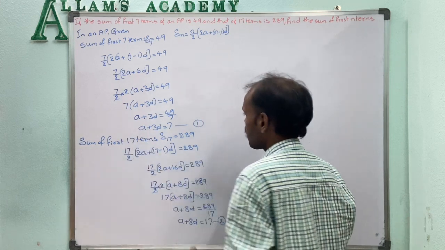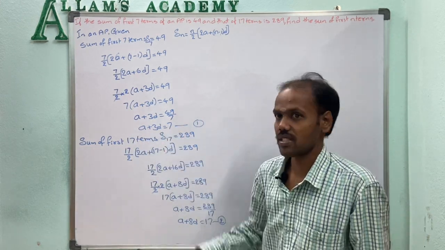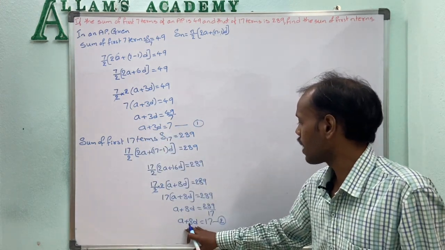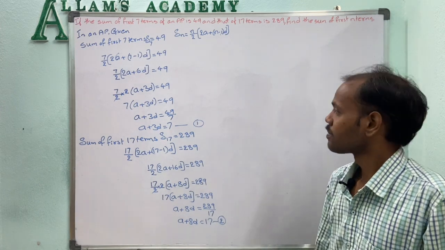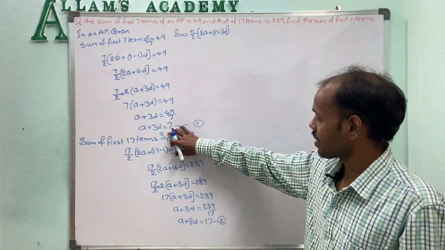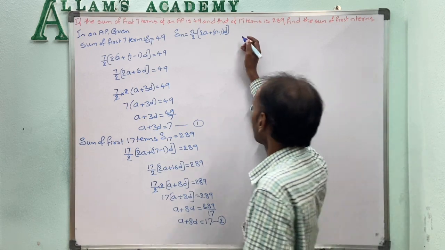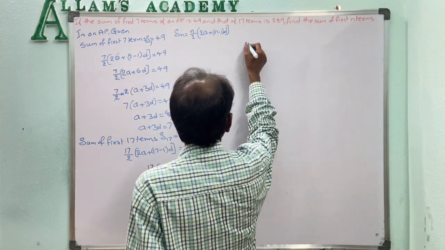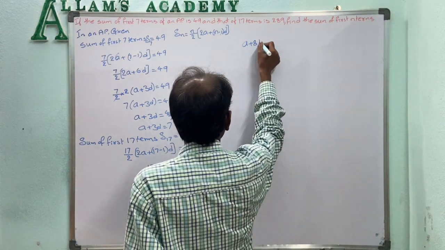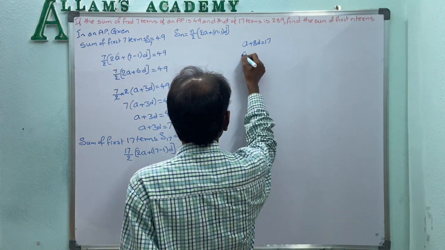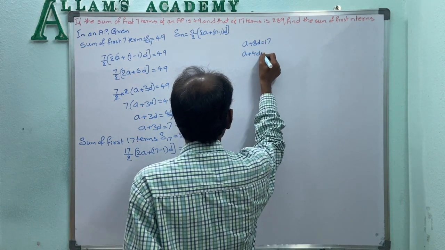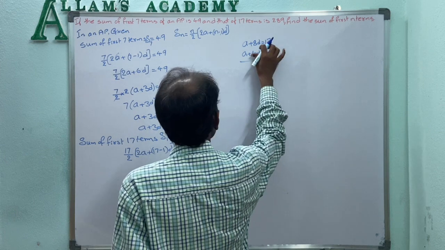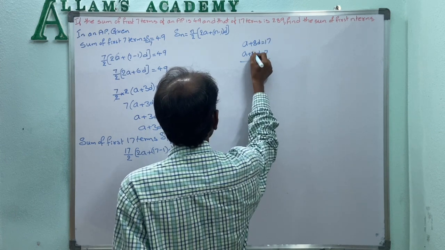So now the first equation is a plus 3d equal to 7 and the second equation is a plus 8d equal to 17. Now from the second equation we subtract the first one. Now here we can write a plus 8d is equal to 17, and the first equation a plus 3d is equal to 7.